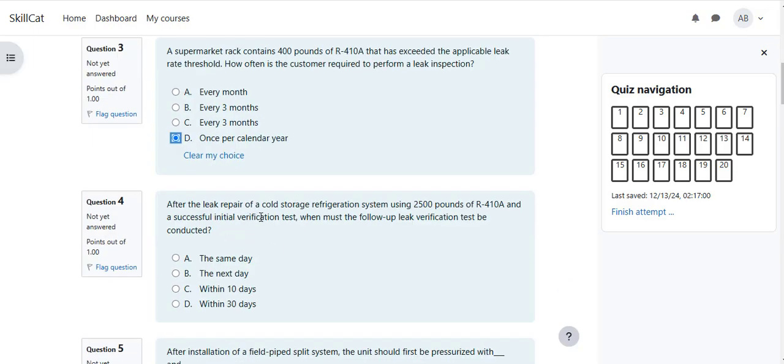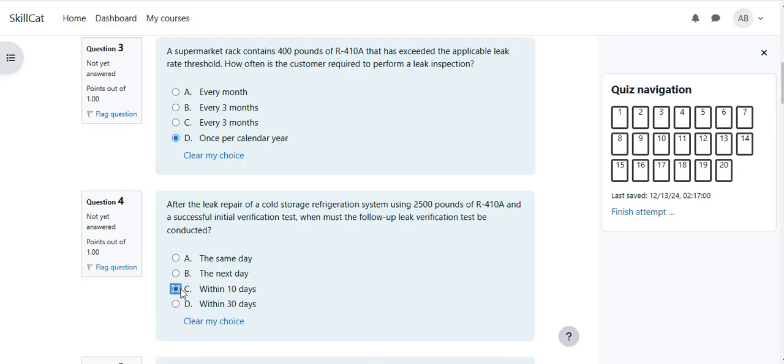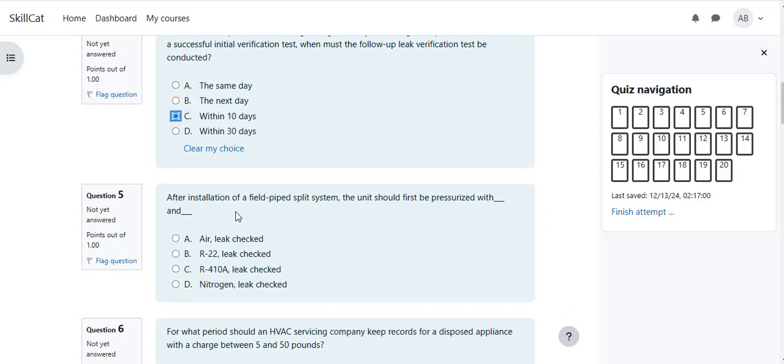After the leak repair of cold storage refrigeration system using 2,500 pounds of R410 and successful initial verification test, when must the follow-up leak verification test be conducted? Within 10 days.